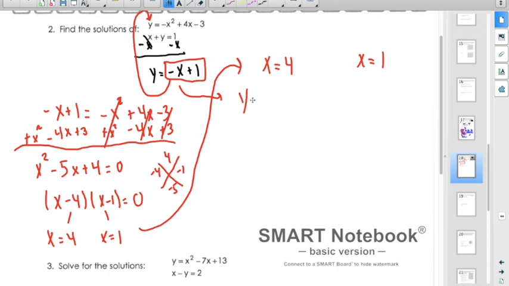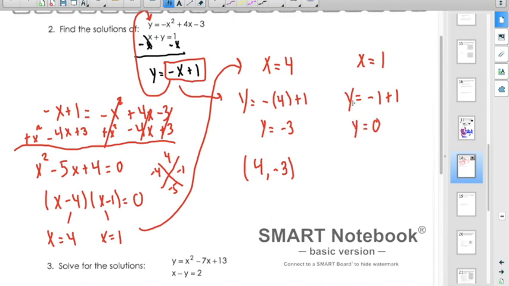So y equals negative x, which is 4, plus 1. So I get y is equal to negative 3. So this coordinate point is 4, comma, negative 3. And then for this piece, y equals negative x, which is negative 1, plus 1.